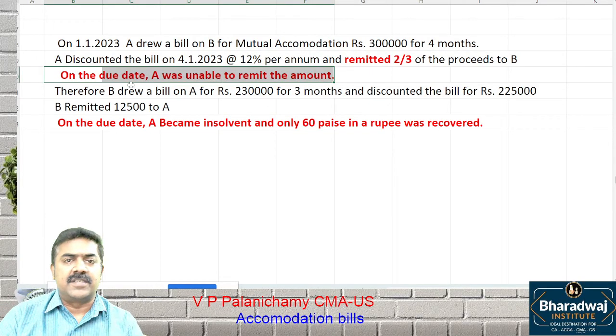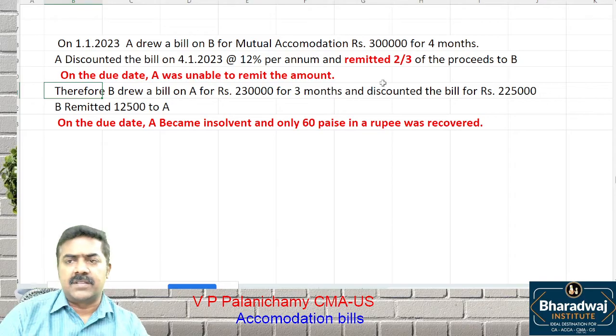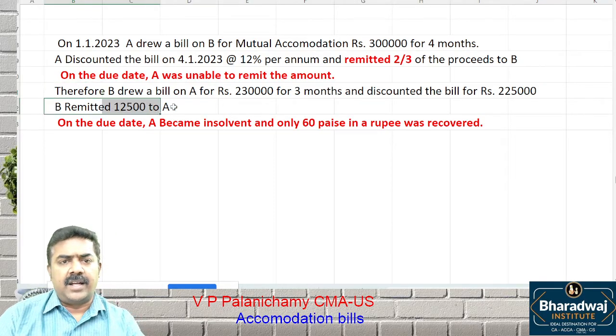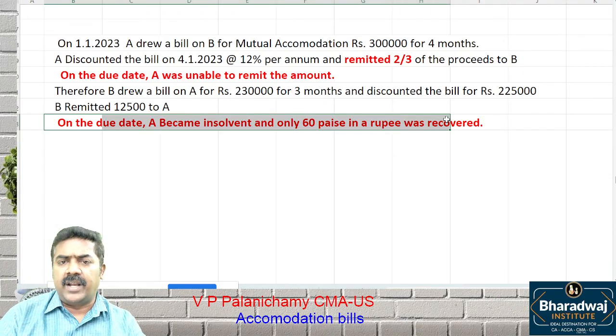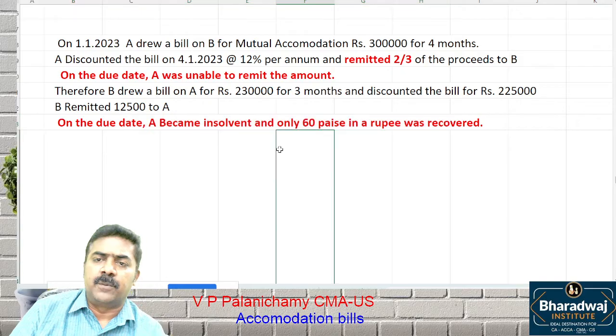You are not able to send the money. Therefore, B draws the bill on A for 3 months and discounted the bill, and B remitted some money to A. Remitted means sending the money. On the due date, A became insolvent. Only 60 paise in the rupee was recovered.